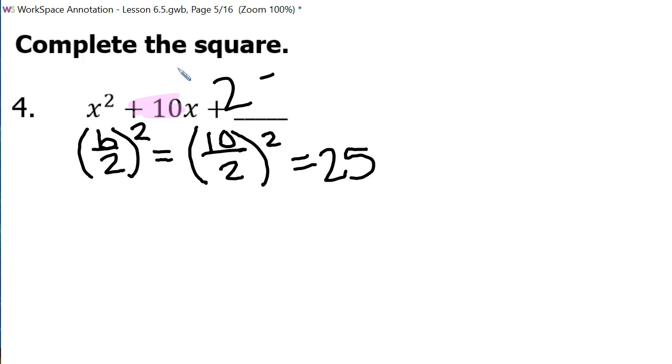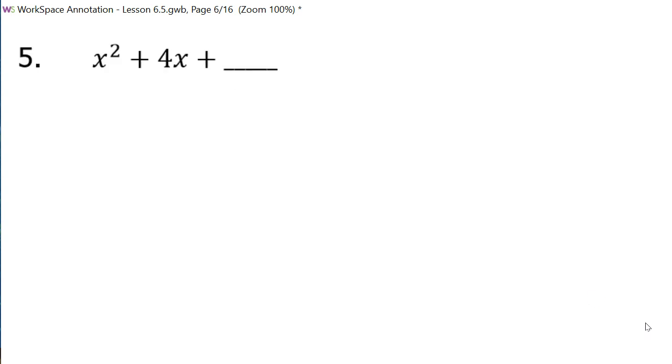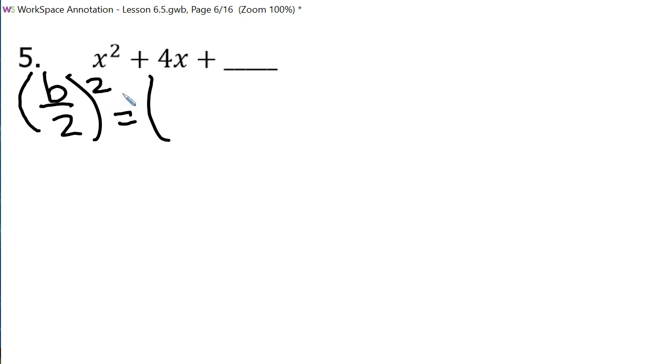Next one, number 5. We are completing the square. So the formula is b divided by 2 squared. What is the b value? 4 divided by 2 and then square it. PEMDAS, do the parentheses first.